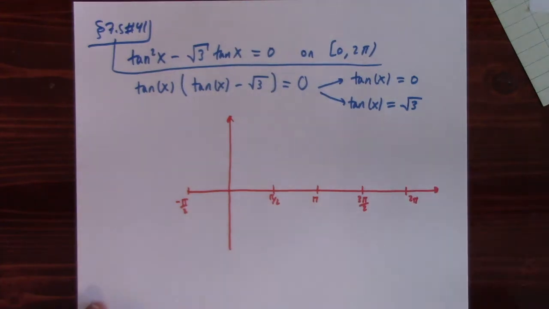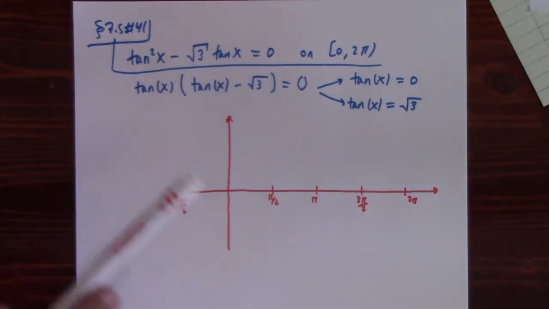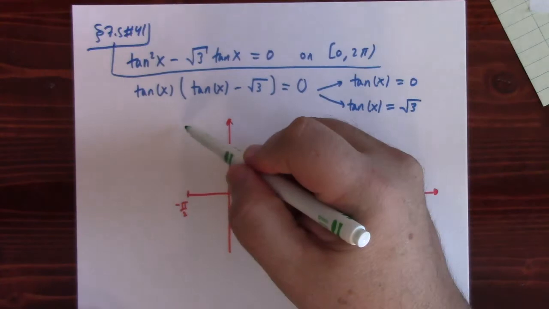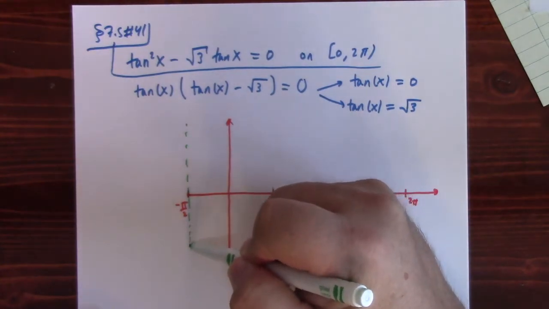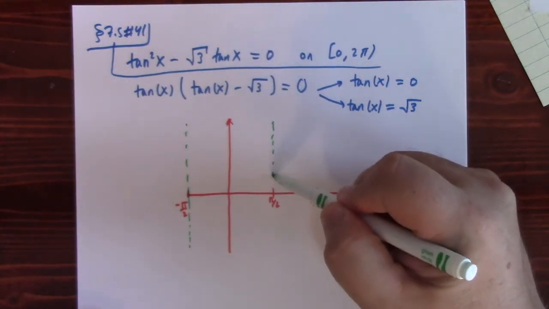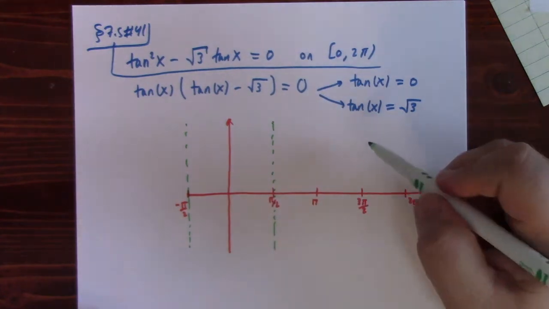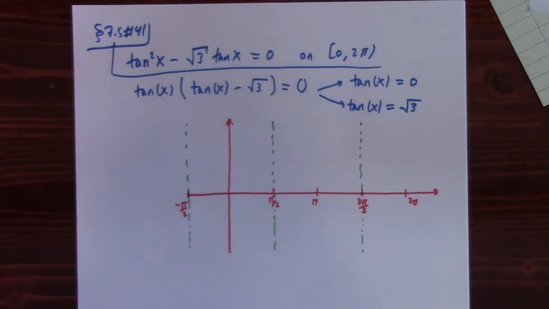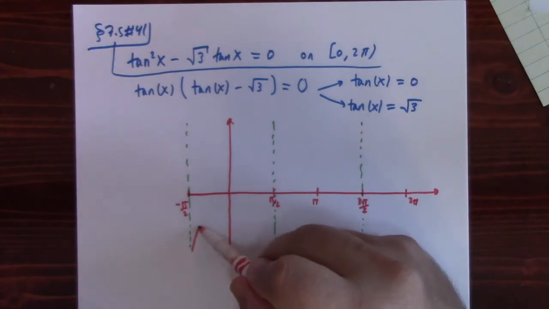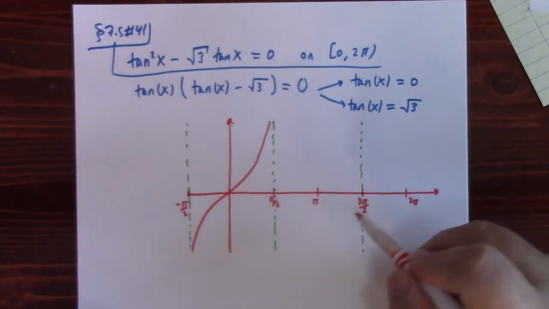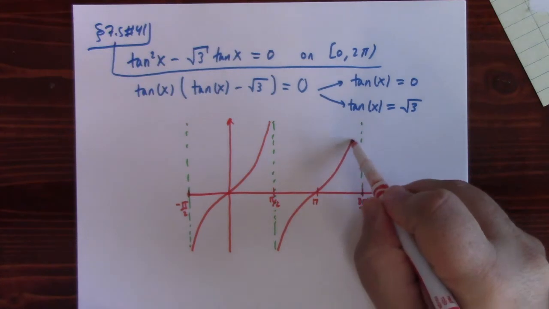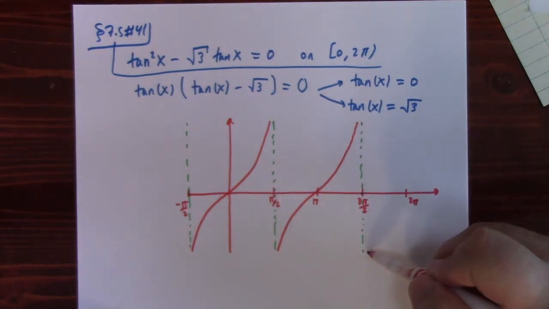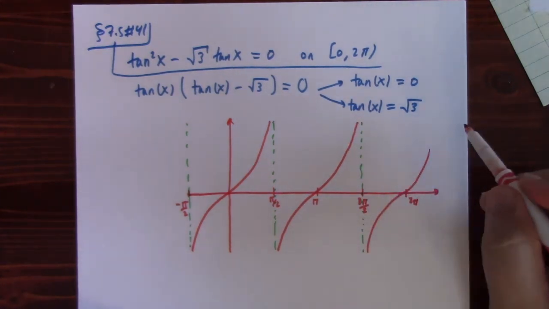So we should remember vertical asymptotes for tangent are at odd multiples of pi over 2, namely pi over 2, minus pi over 2, 3 pi over 2, etc. And so you graph that thing, what do you got? You've got one of these guys, one of these guys, and so forth.